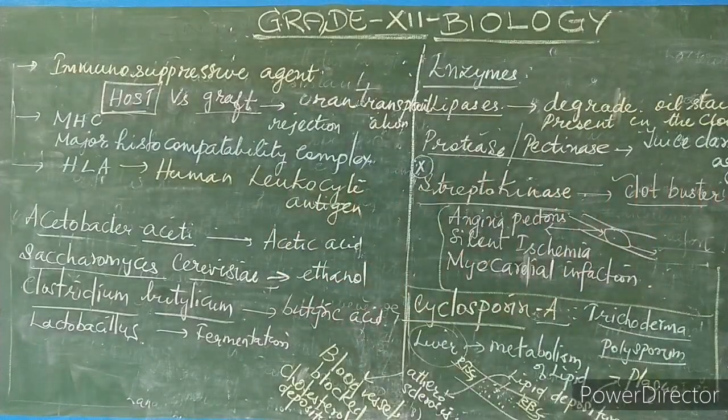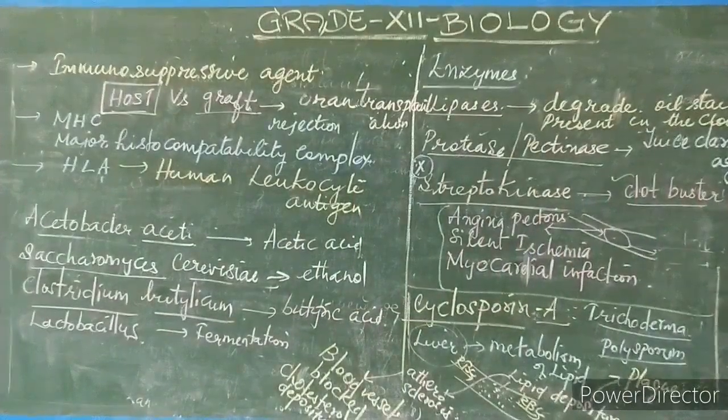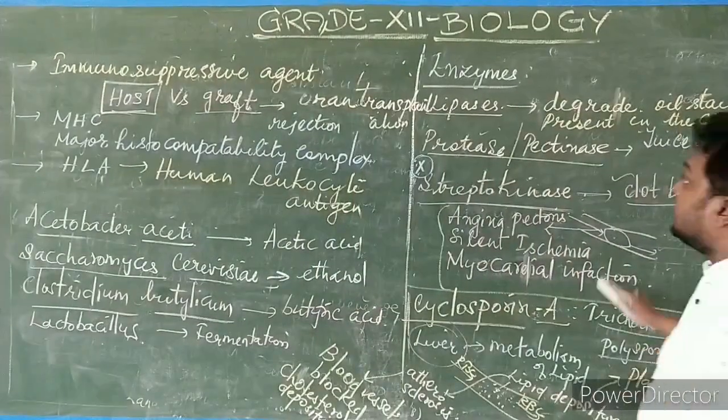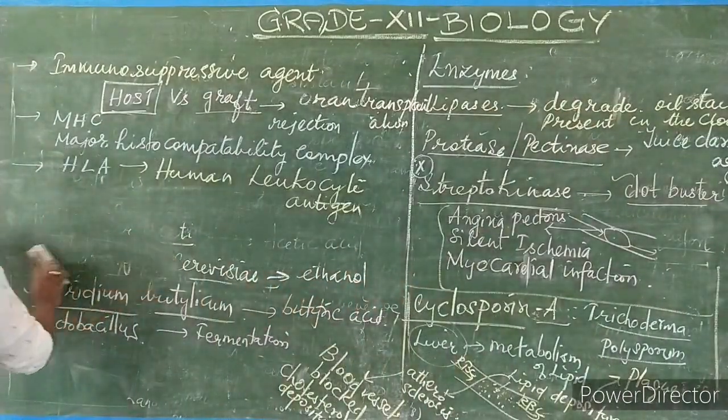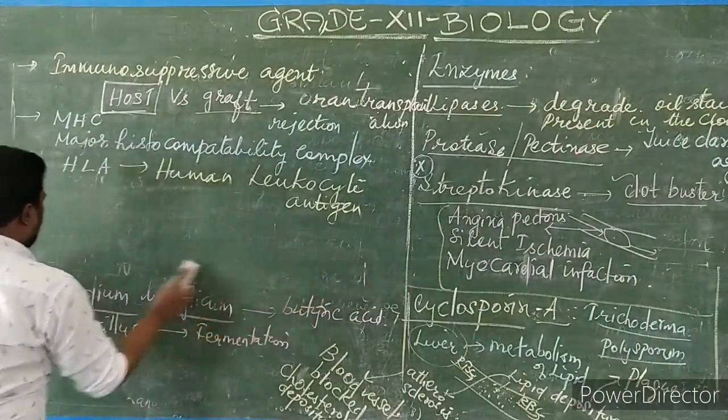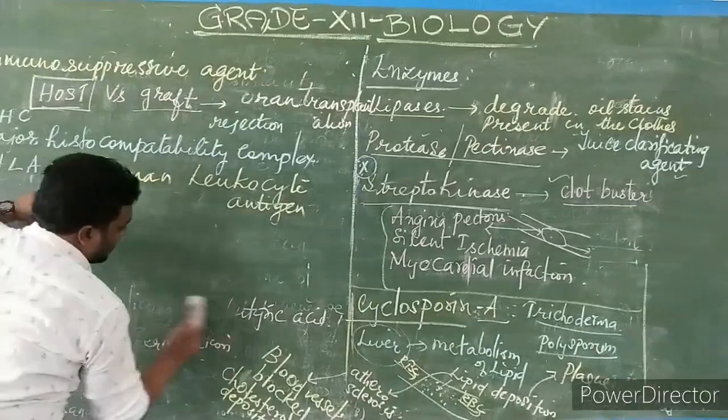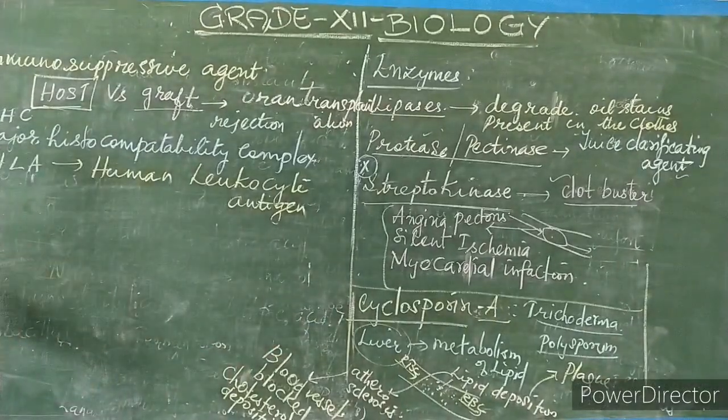So statin, we are calling it as what? Statin, you see now, statin, Monascus purpureus. What is the organism that produces statin?